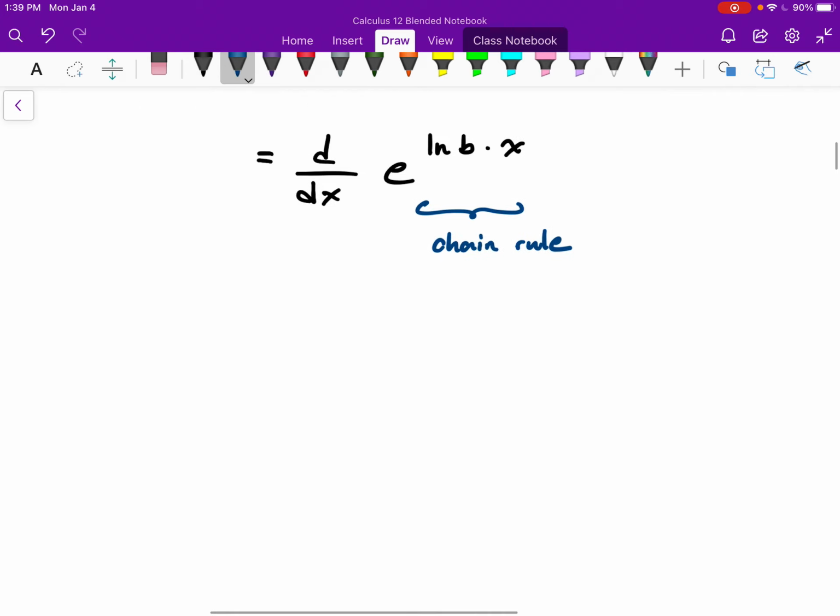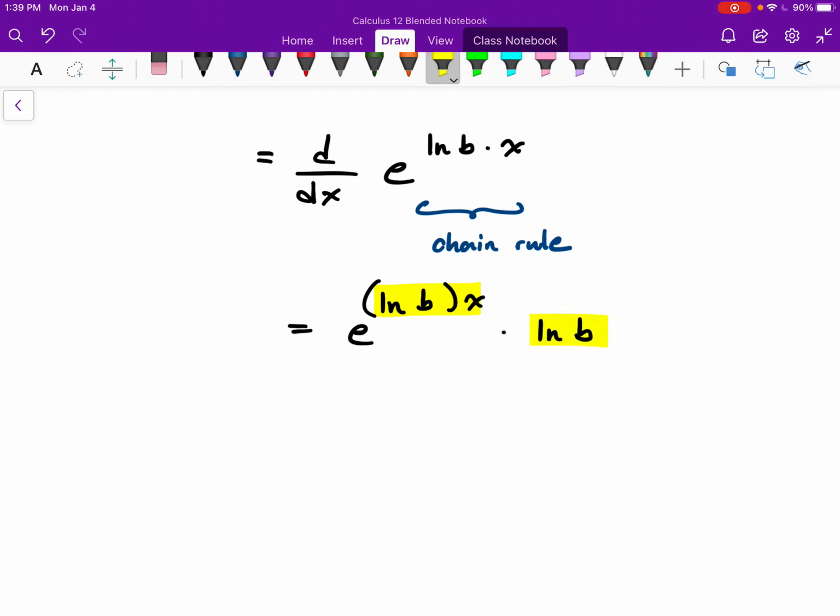And so I use the chain rule where first I differentiate the outside function, which is just going to be the exact same thing, e to the power of ln b times x, times the derivative of the inside function. And the derivative of the inside function, the derivative of ln b times x, is just the ln of b.